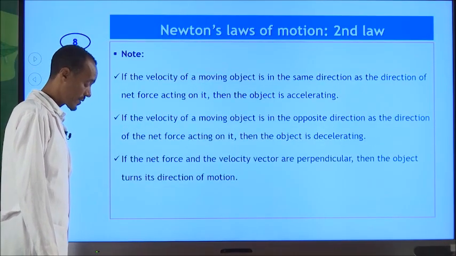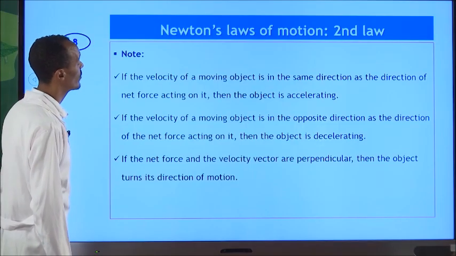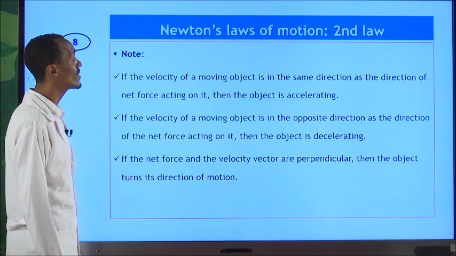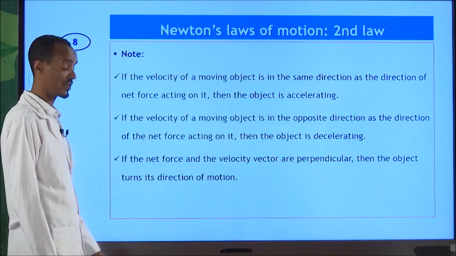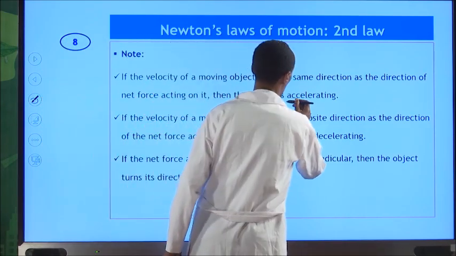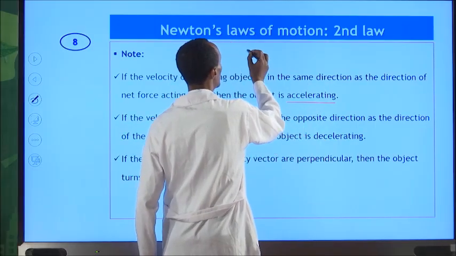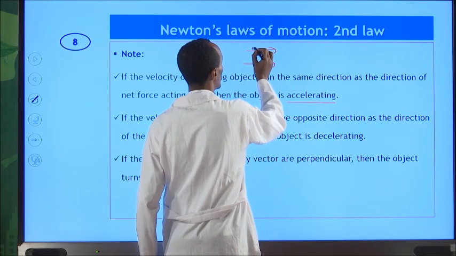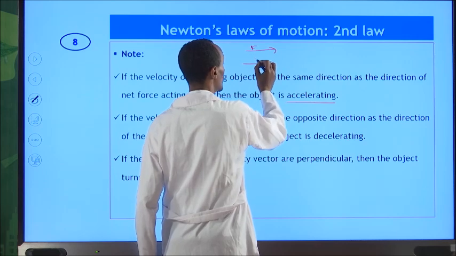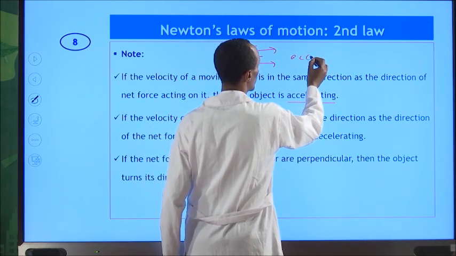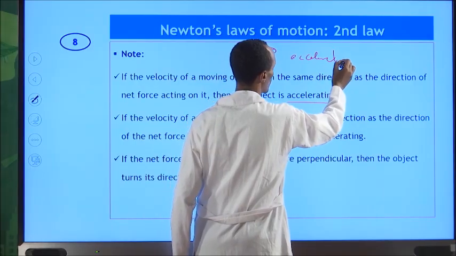Okay, what are the important notes we should bear in mind here? If the velocity of the moving object is in the same direction as the net force, then with no doubt it is accelerating. We have the net force and we have the velocity. If the net force and the velocity of an object are in the same direction, then the object is accelerating.